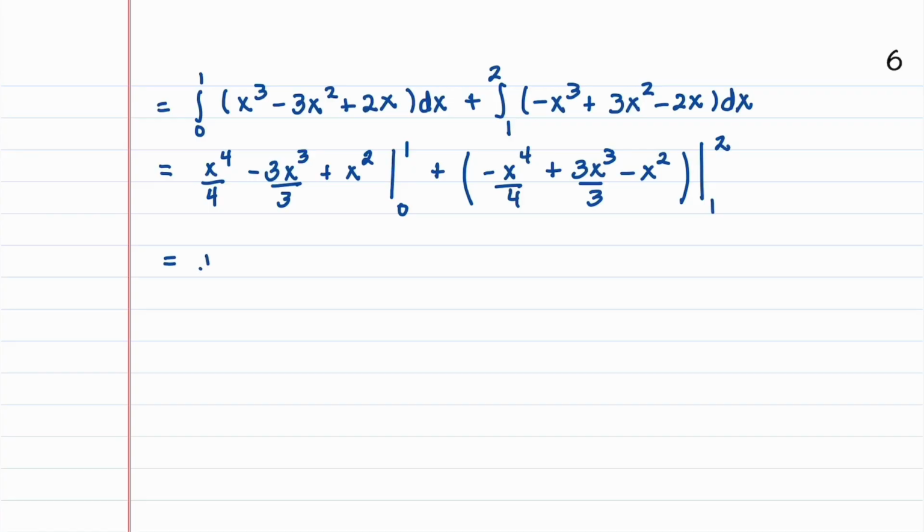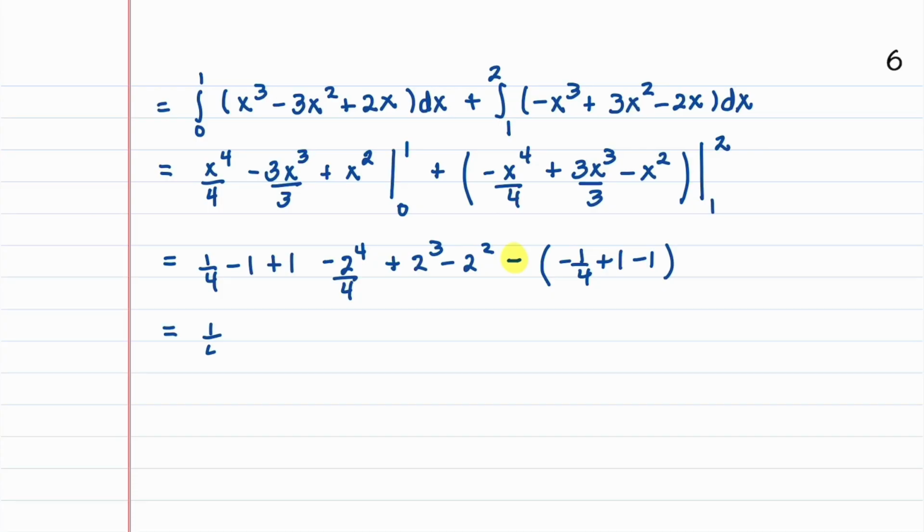This gives us 1/4 minus 1 plus 1. And then for our next one, we have minus 2 to the 4th over 4 plus 2 cubed minus 2 squared. And then we're going to subtract off minus 1/4 plus 1 minus 1. It's really important to write it like this so that you don't forget to multiply this negative through to all three terms.